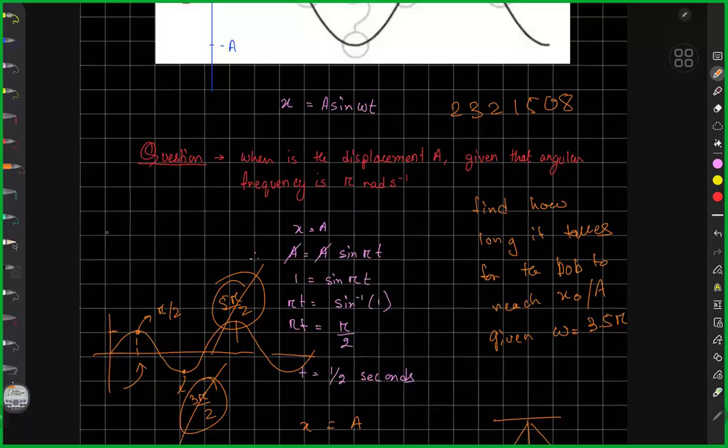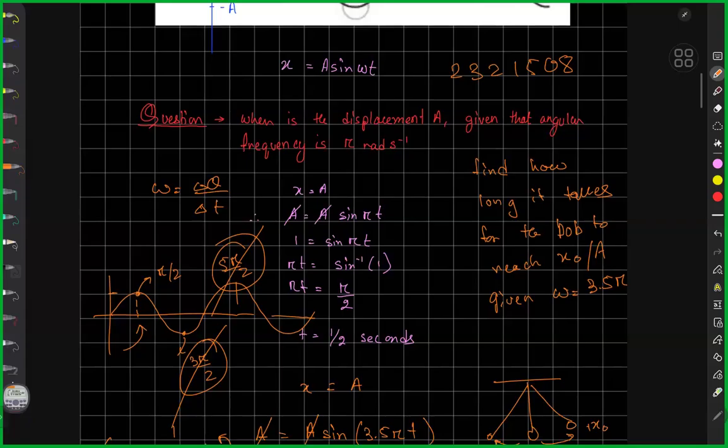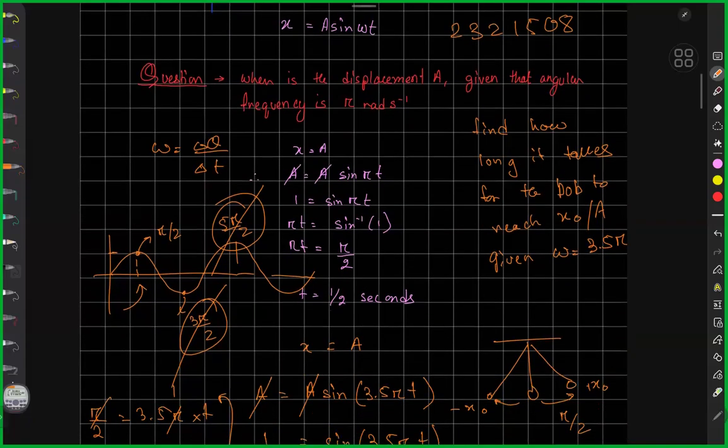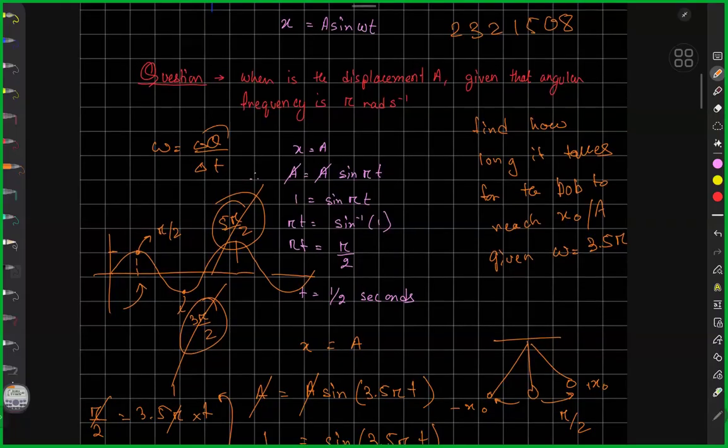Omega equals change in theta divided by change in time, and then we make change in time the subject and calculate. So you found the theta by saying it should be pi by 2, the maximum. Yeah, sure, you can do that as well. Do you get a different answer doing this? No, it's the same. Yeah, you can do that as well.